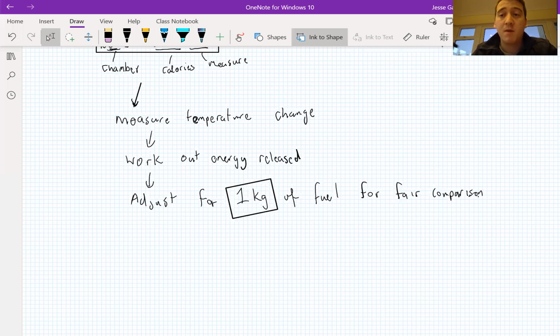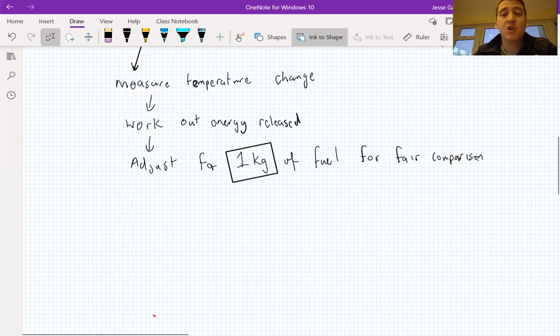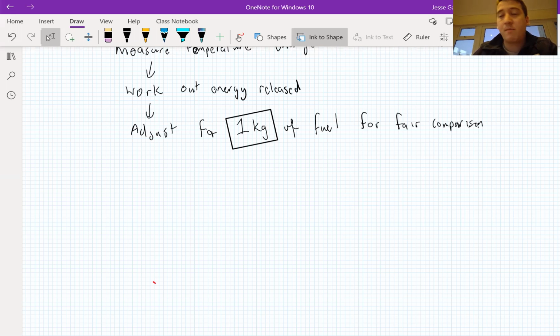So whatever fuel it is, they might put 50 grams in, and then they would adjust in their calculations. When they're calculating it, they would find, okay, well, that's for 50 grams. How much would it be for a kilogram? So when they adjust to 1 kilogram for fair comparisons, you get a value which is known as the kilogram calorific value, because it's 1 kilogram, and calorific, because we're measuring the calories.